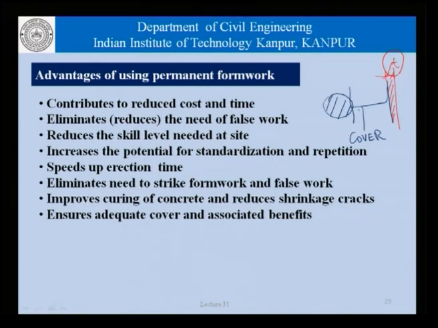It has to have certain sanction as far as specifications and design methods is concerned, but nonetheless it should be borne in mind that at the end of it, this permanent formwork is also contributing to protecting this reinforcement from the environment outside.